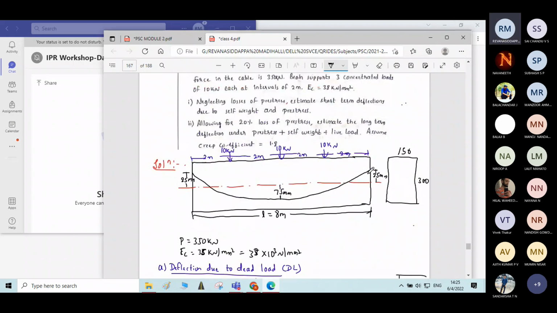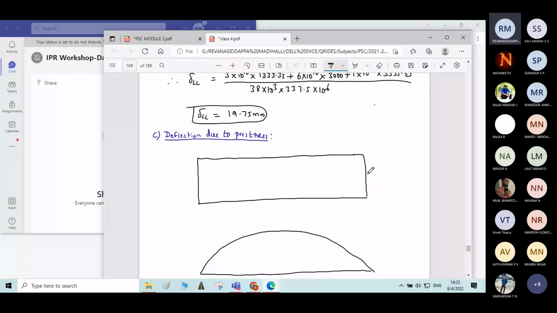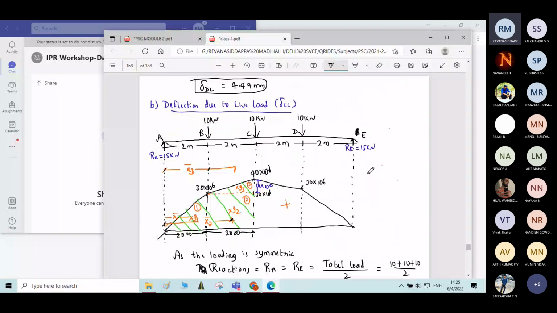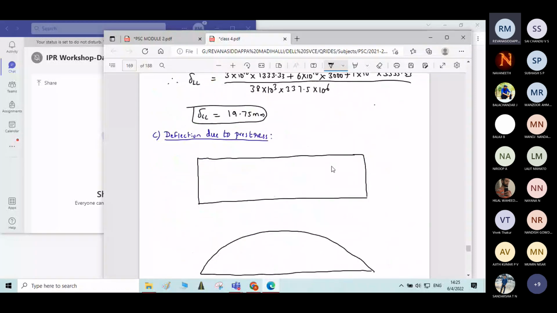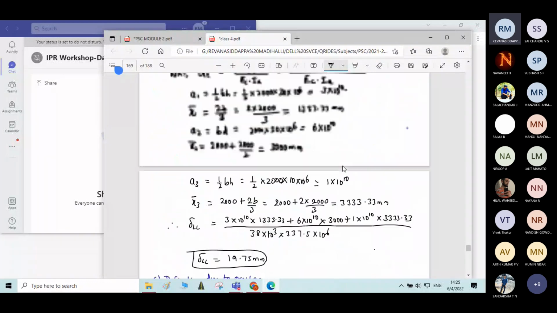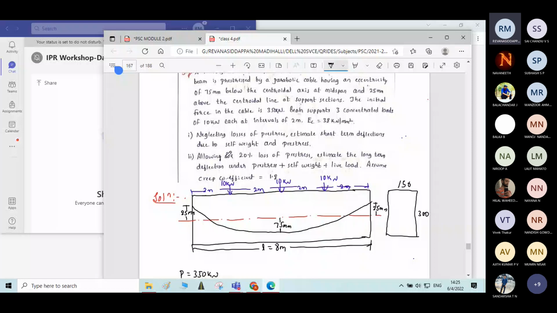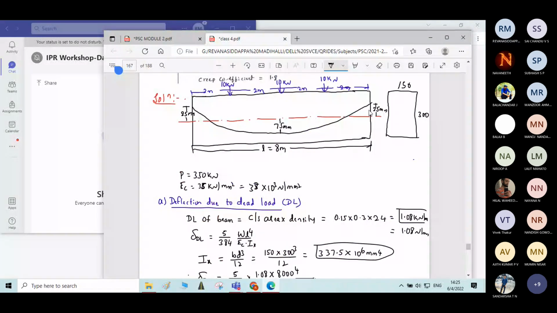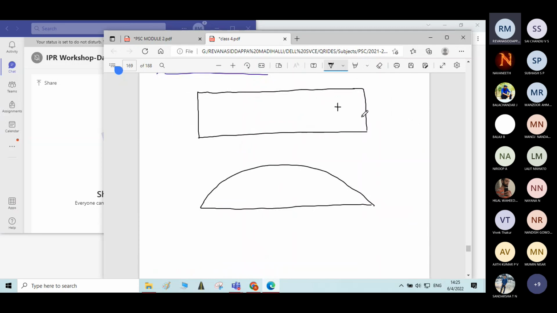Yes. So here this first diagram is for the cable profile which is above the axis. If it is above the axis, the sign is plus. So this eccentricity at the support, if we consider as E1, and eccentricity at the midspan, if we consider as E2, here for the first diagram it is P into E1.